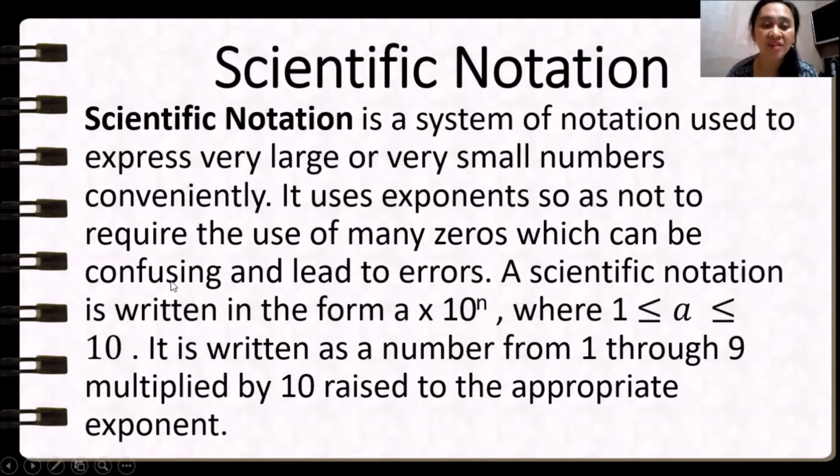A scientific notation is written in the form of a times 10 to the exponent of n, where 1 is less than or equal to a, and a is less than 10. It is written as a number from 1 through 9 multiplied by 10 raised to the appropriate exponent.